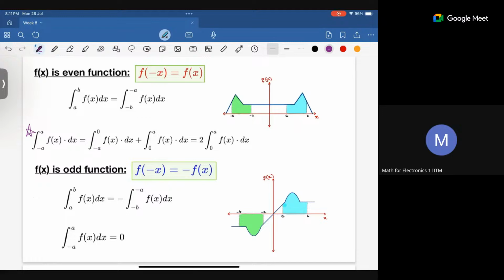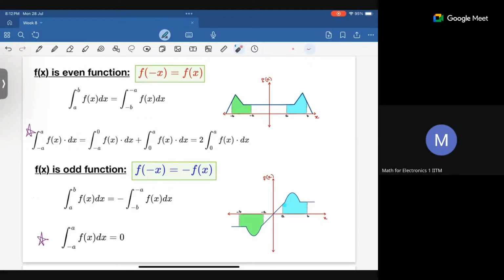And here comes the most beautiful property. If f of x is odd and you are integrating from minus a to plus a, for some real value a, then you can clearly see that this area and this area are equal, but one is above the x-axis and one is below the x-axis.